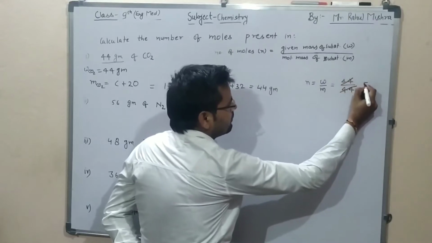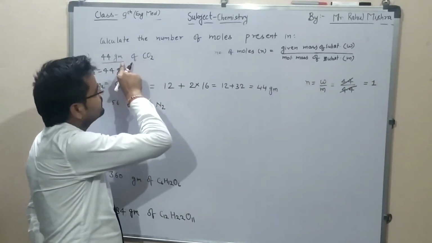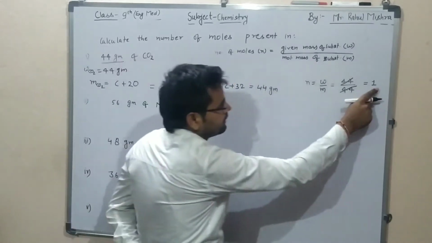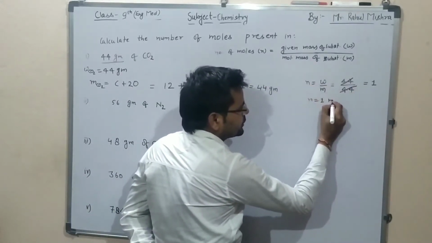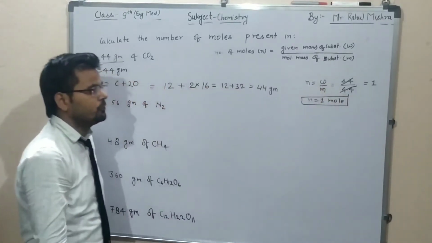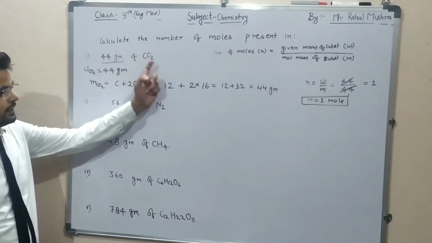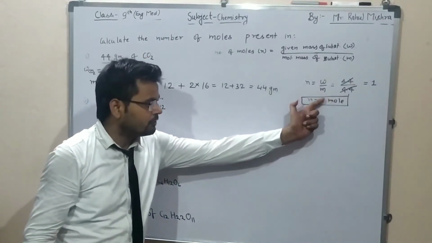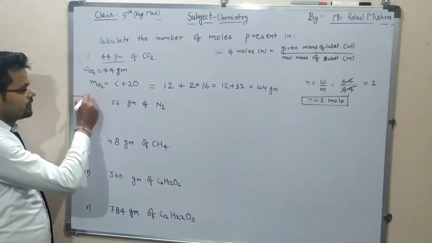So how many moles are present in 44 gram CO2? n is equal to 1. So 1 mole is present in 44 gram of CO2. Our answer will be 1 mole. So this was the first question.